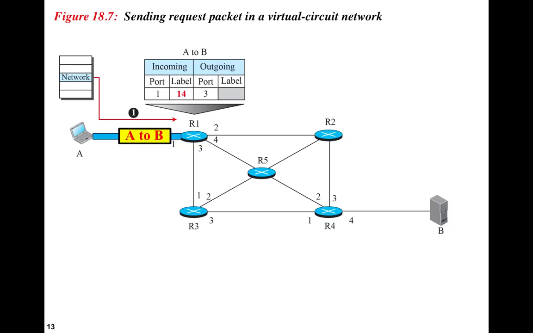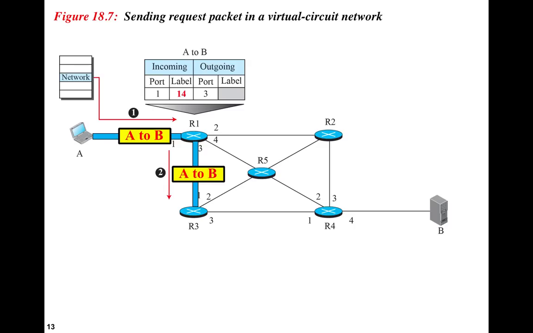It says that there is a packet coming in on port 1, and router 1 assigns it a label 14, then looks at its routing table and knows that this packet should be forwarded to port number 3. And it forwards it to port number 3.